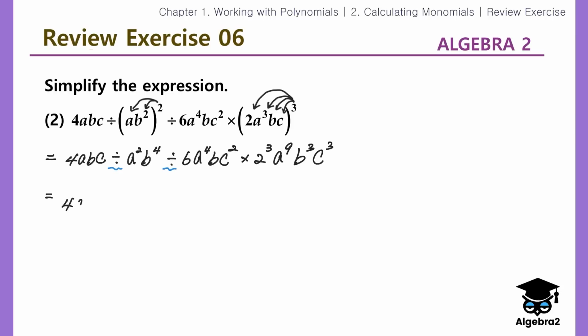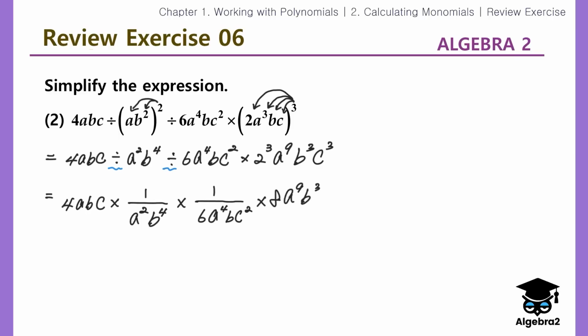So we have 4abc times 1 over a squared b to the 4 times 1 over 6a to the 4 bc squared times 2 cubed. 2 cubed is 8, right? 2 to the power of 3. I'm just going to write that's 8. a to the 9, b to the 3, c to the 3. Right? So numbers first.